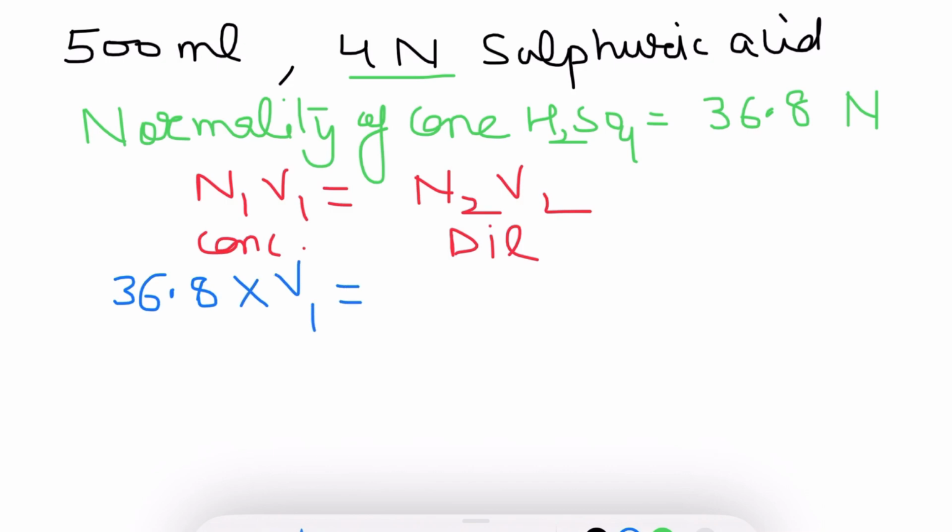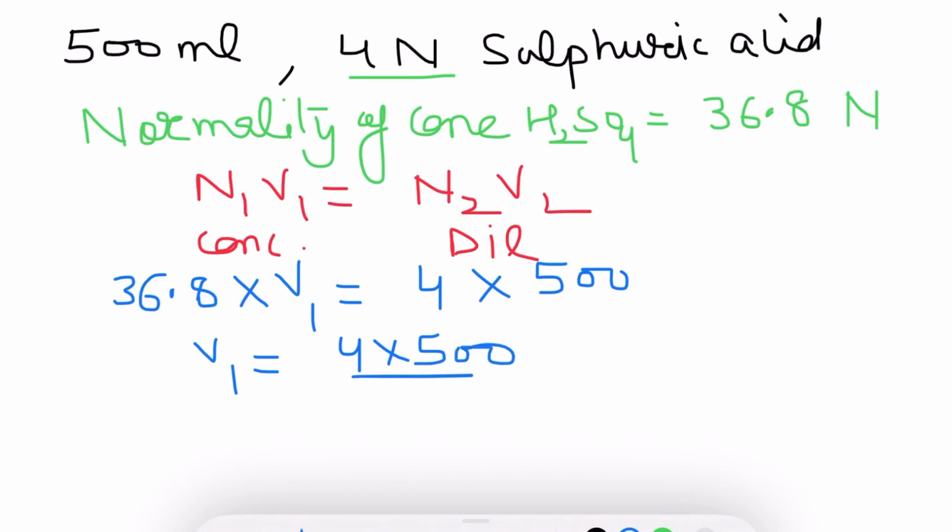N2, you wish to prepare 4N, and of volume 500 ml. So V1 here comes out 4 into 500 upon 36.8, which is 54.34 ml. Then the resulting solution normality will be 4N. So by this way you can prepare 4N sulfuric acid, which we use in redox titration of KMnO4 with Mohr salt or KMnO4 with oxalic acid.